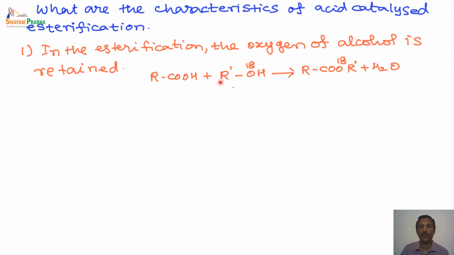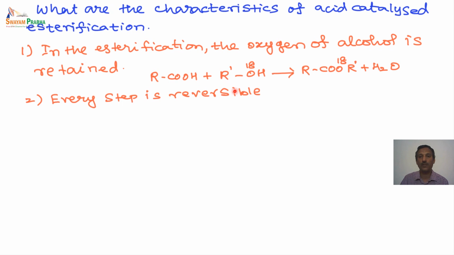So there are two different ways an acid can be converted to an ester, but using a labeled experiment, it is confirmed that the labeled oxygen is retained in the final product. So the labeled oxygen from the alcohol is retained in the final ester. So that clearly says that the oxygen for the ester unit comes from the corresponding alcohol.